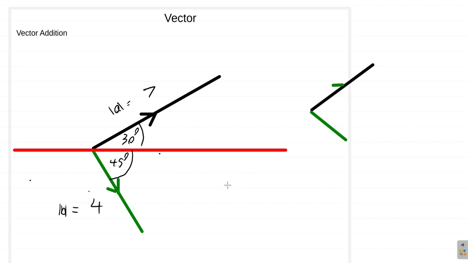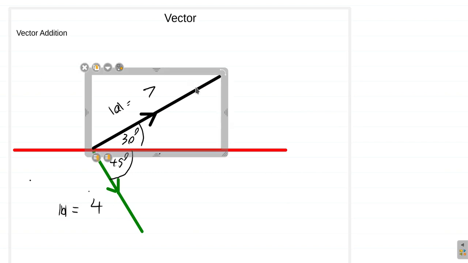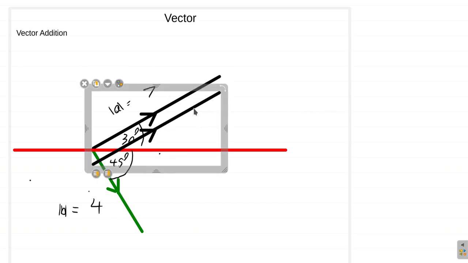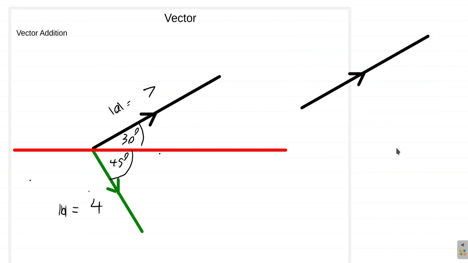We'll just copy them now. So I draw them over and over like that. We make a copy of A and put it here, and a copy of B here.